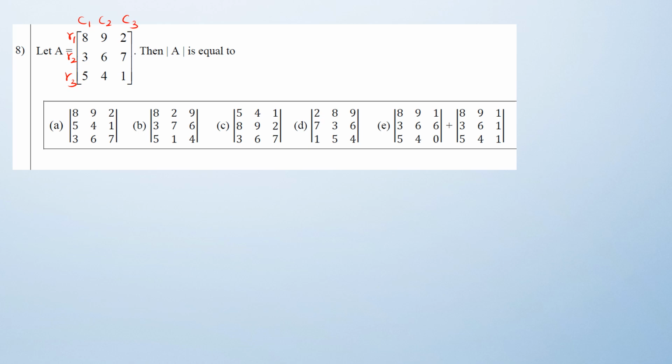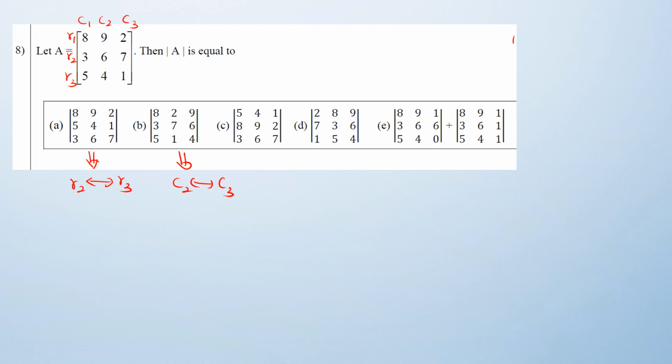So for part A, we can get this matrix by interchanging the second row of A with the third row of A. For part B, we can get this by interchanging the second column with the third column.